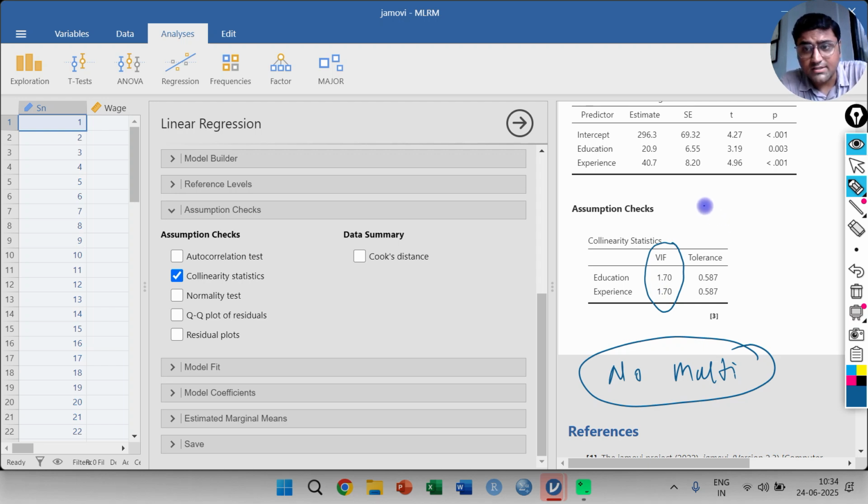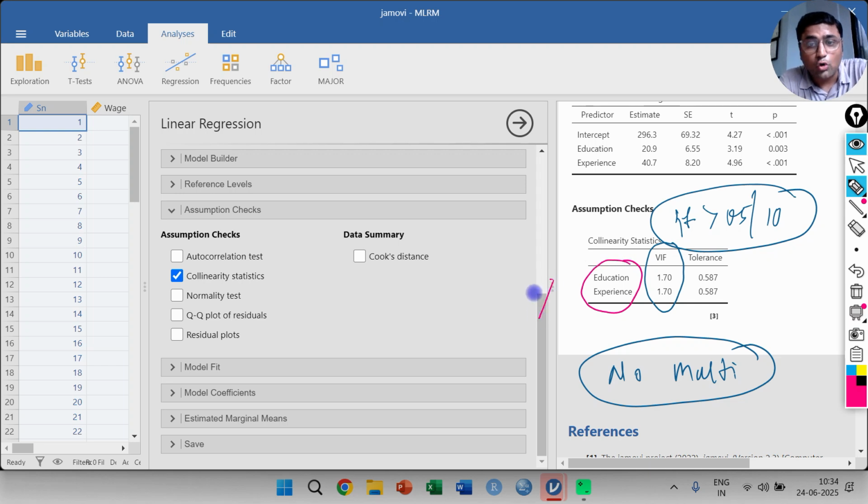If this value is greater than 5 or 10, then we have the problem of severe multicollinearity, and we need to consider other steps to correct it. But since it is less than 5 or near to 1, we do not have the problem of multicollinearity. That means our two independent variables, education and experience, are not correlated with each other.